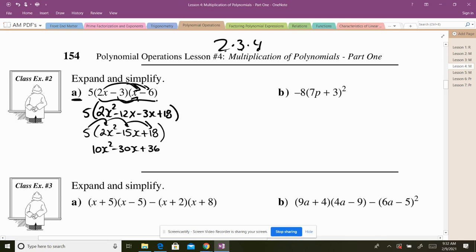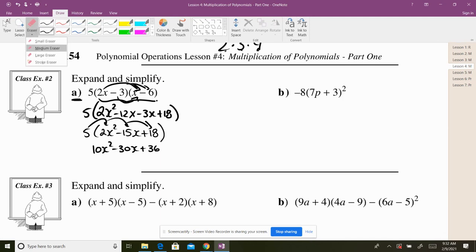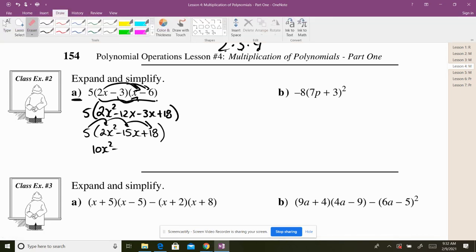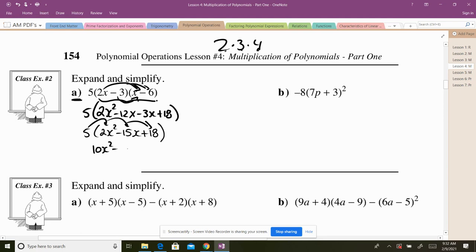Whoa. 5 times 15 is not 30. And 5 times 18 is definitely not 8. 5 times 15 is negative 75x. That's 50, 40 plus 90. That is your answer. Okay, so don't forget that if you multiply the two brackets, that's fine. Just remember that 5 then gets multiplied to everything that's inside there.